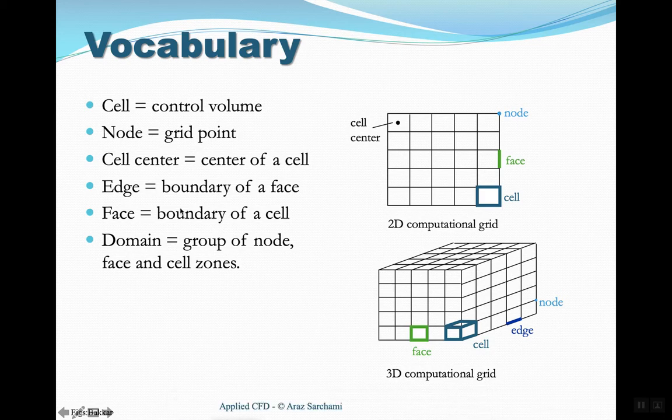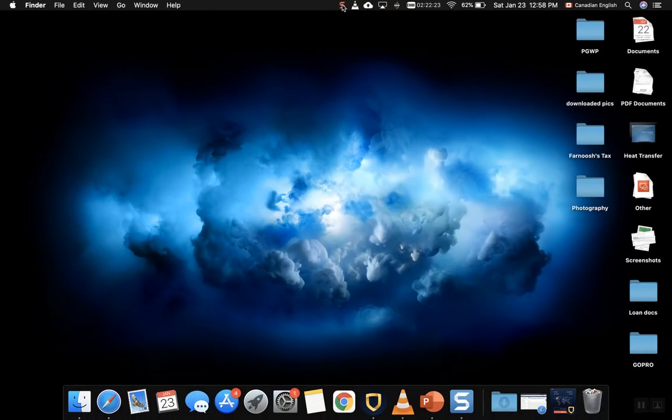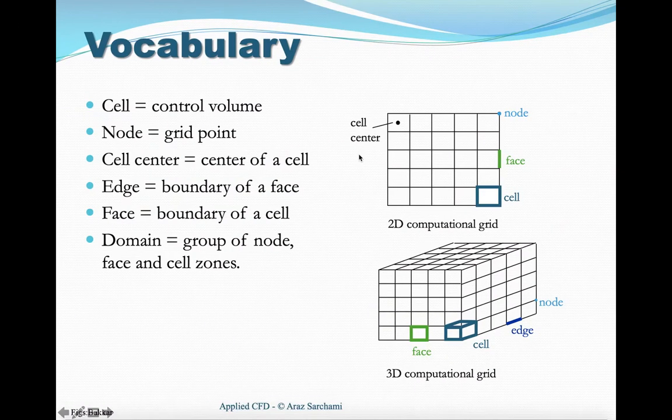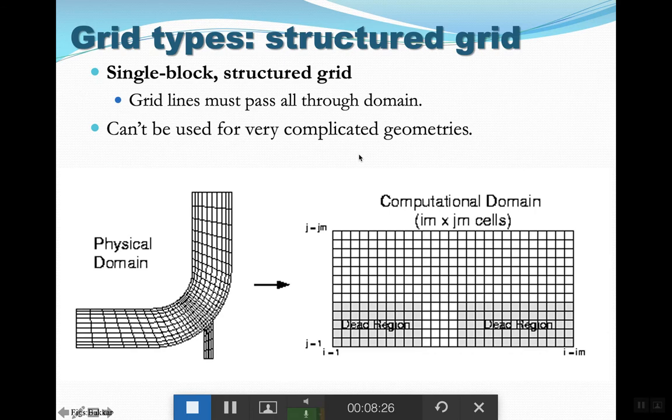So now that we have the vocabulary and we know about the different cell types, let's go to our different mesh grid types. One of them, as we discussed, is structured grid. A structured grid is basically a single block grid, and all the grid lines must pass through the whole domain and meet at the other end.